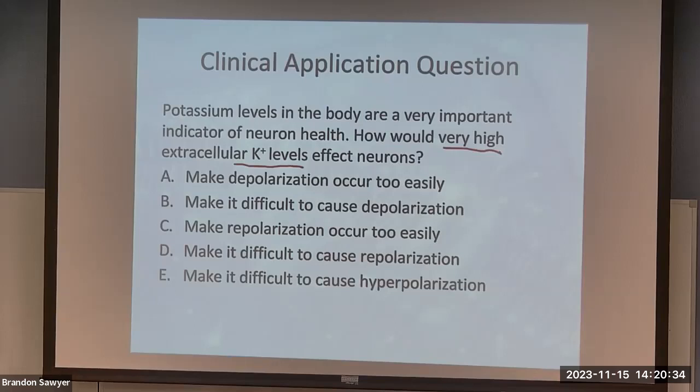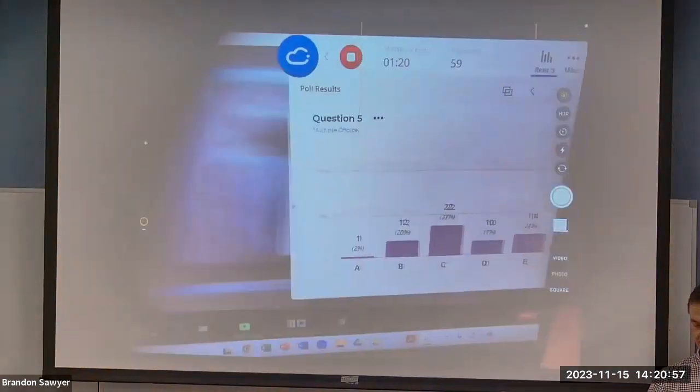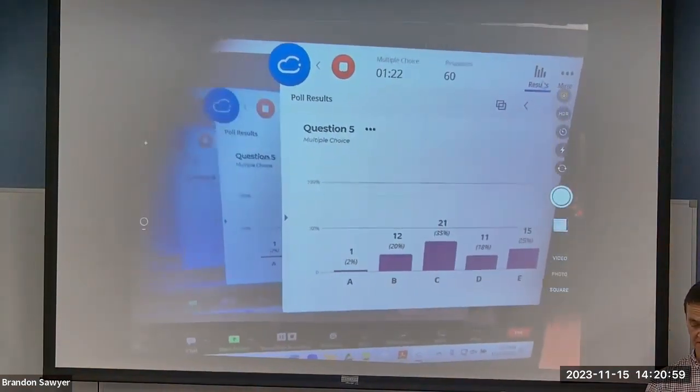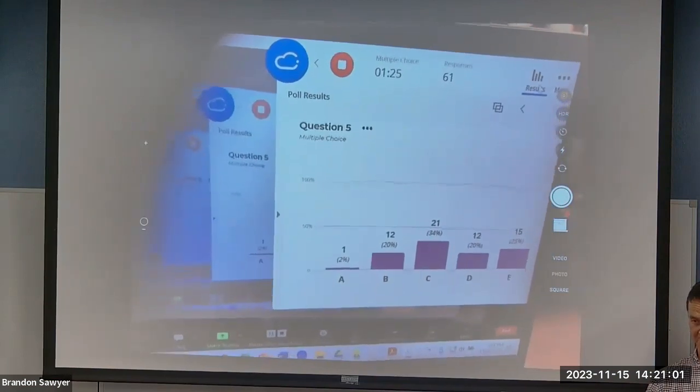All right, go ahead and just take a guess at that. This was a guessing one for sure, and that's reflected in the bar graph there.